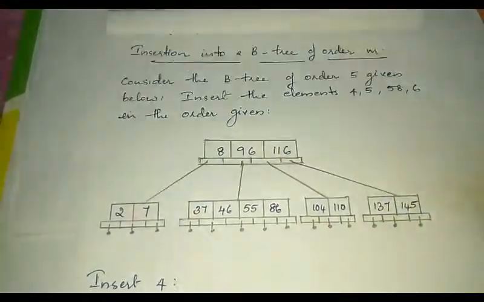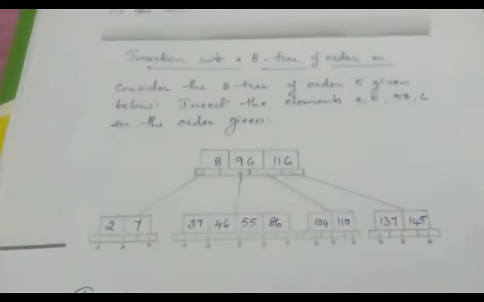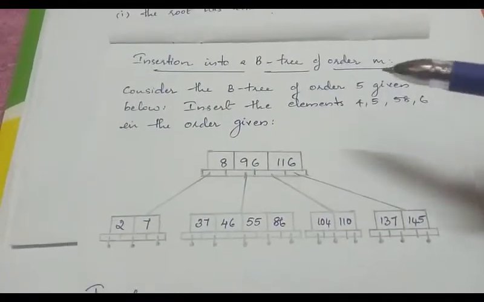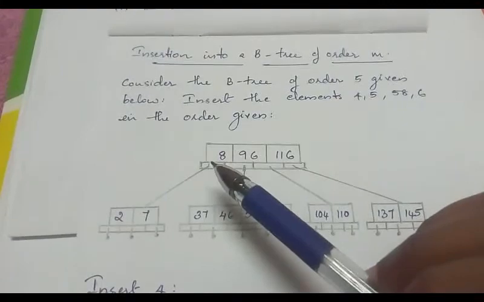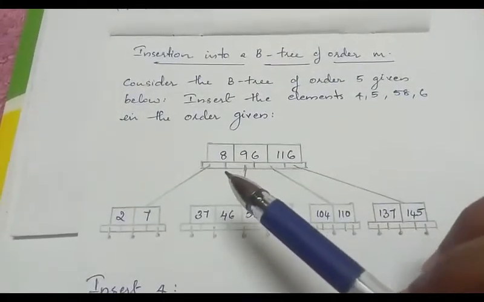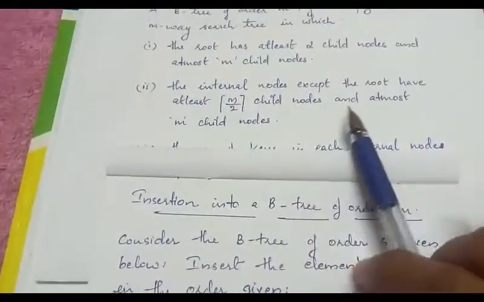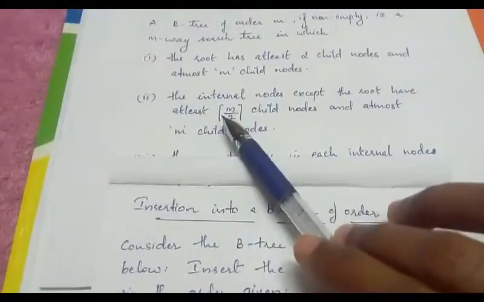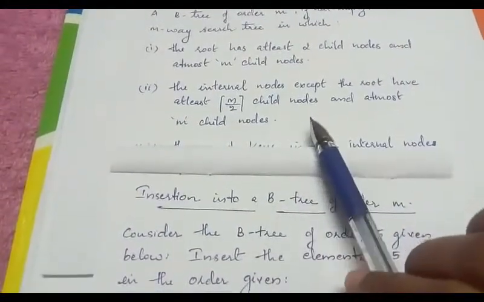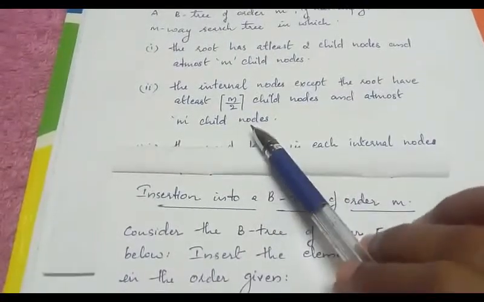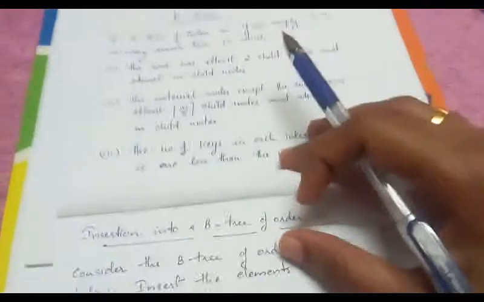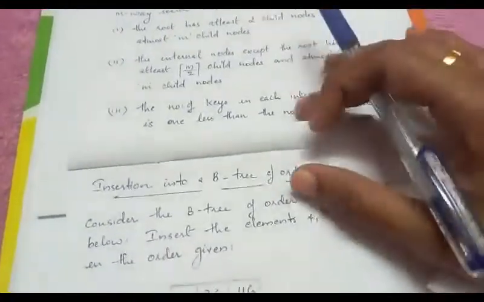According to the conditions of a B tree of order M, all the internal nodes except the root have at least m by 2 child nodes and at most m child nodes, right? So these conditions should also be followed after insertion.